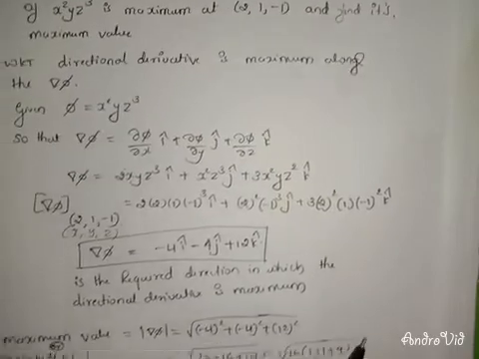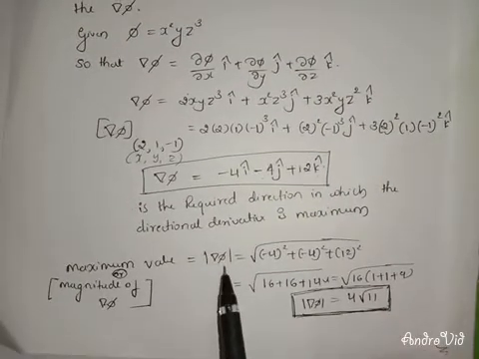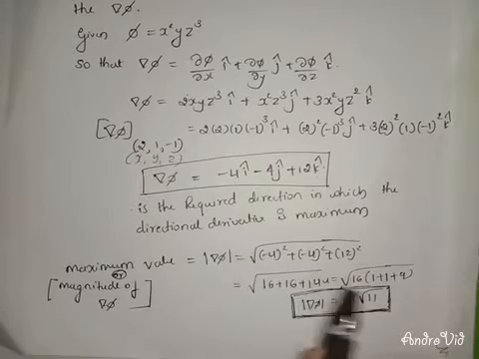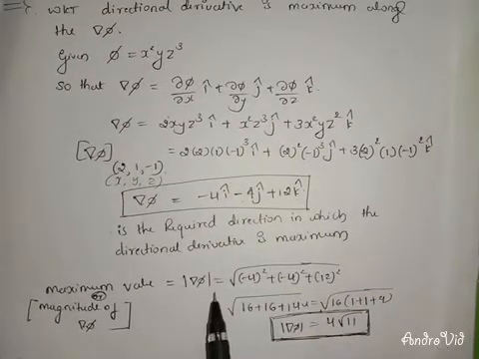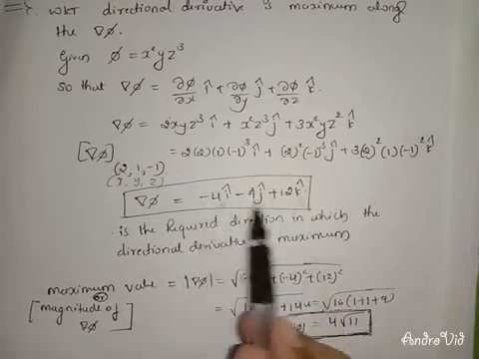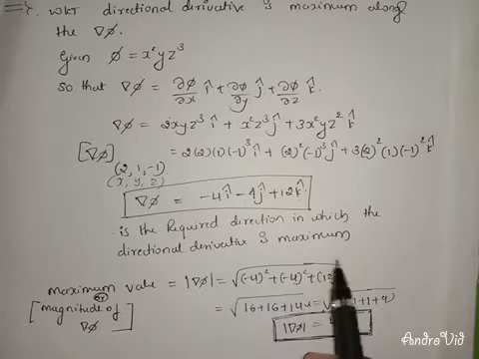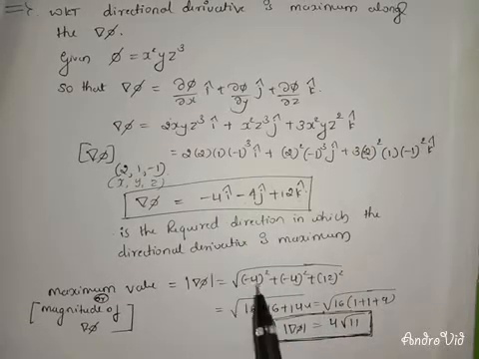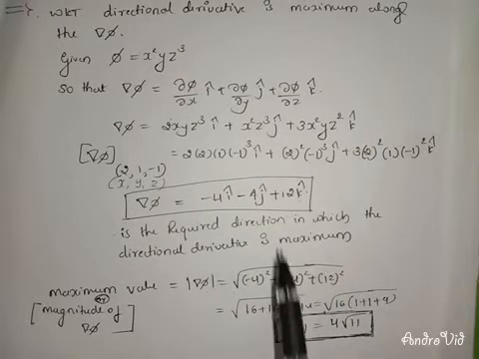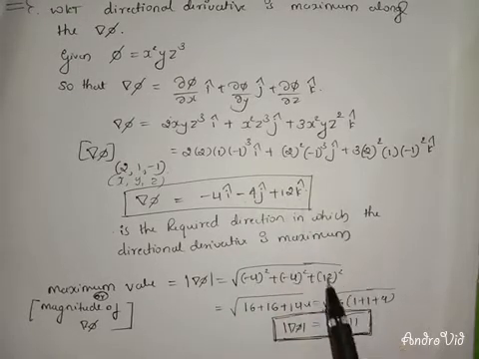Let us find the maximum value. The maximum value is found by using the formula: magnitude of del phi. We have to find the magnitude of this vector. You know how to find the magnitude of any vector: under the root of the coefficient of i whole square, minus 4 whole square, plus the coefficient of j, minus 4 whole square, plus the coefficient of k, 12 square.